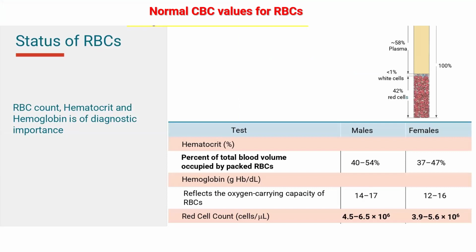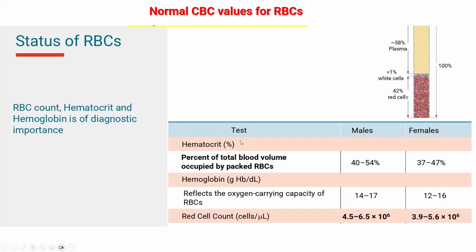Normal CBC values for RBCs, or red blood cells. As I said, the red blood cell is a main component of our blood. It constitutes about 42%. So we have the red blood cell count, the hematocrit, and hemoglobin, which are of diagnostic importance.